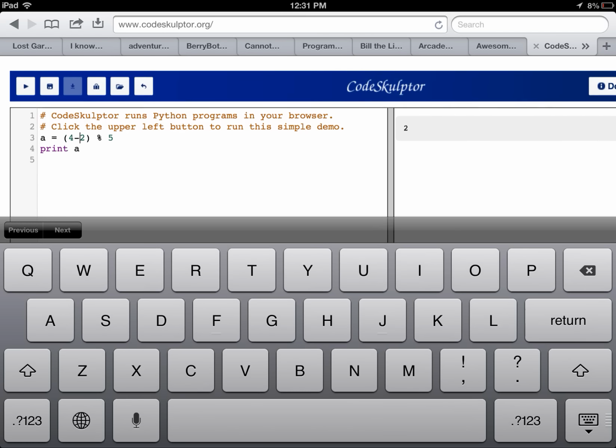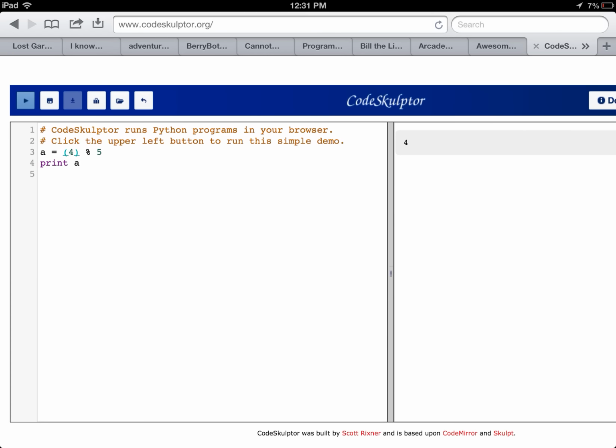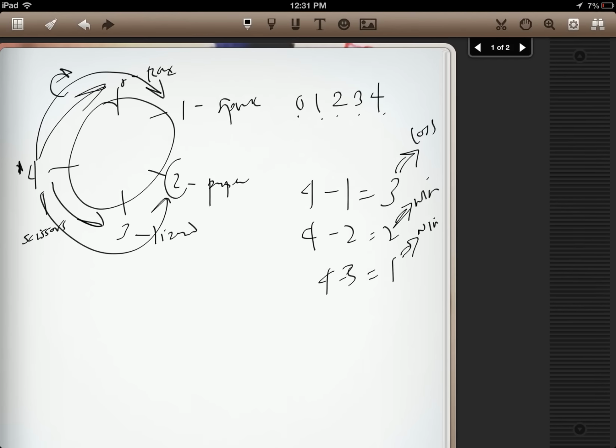If we take 4 modulo 5, we get 4. So if the number is positive, 1 modulo 5 is 1, 2 modulo 5 is 2, 3 modulo 5 is 3, 4 modulo 5 is 4, and 5 modulo 5 is 0. Now, note this 0, it's also 5. I'll put 0 there because of convention.